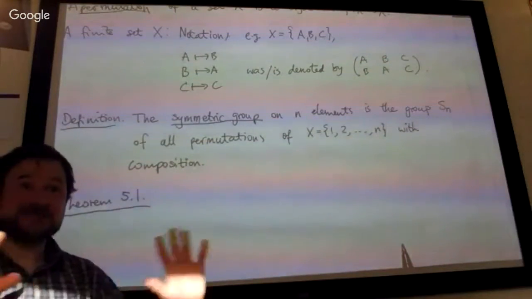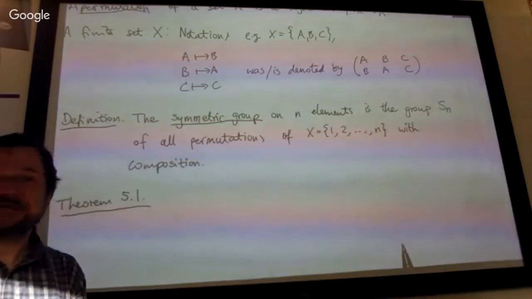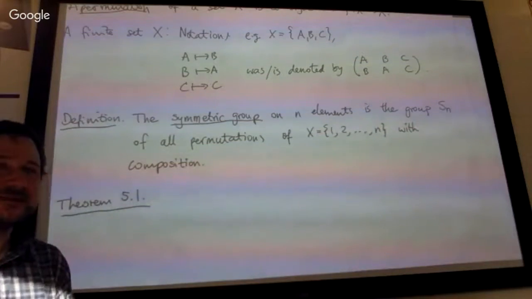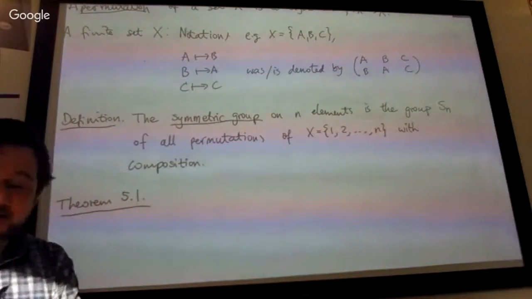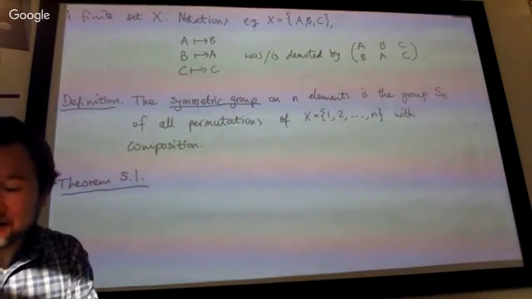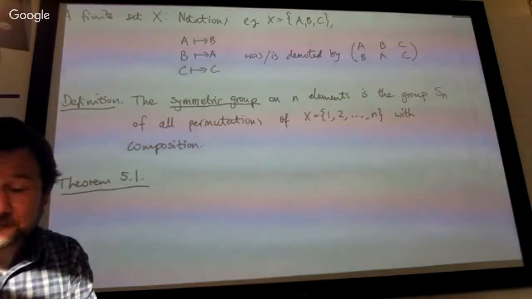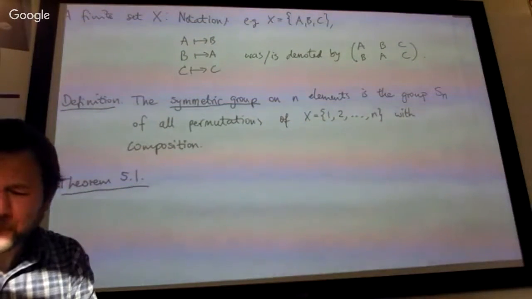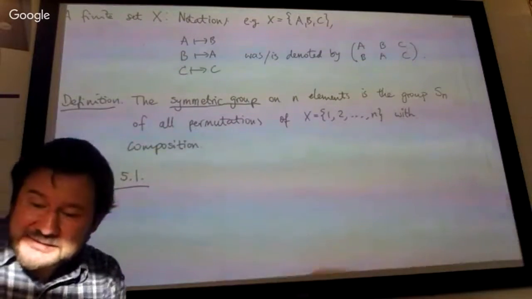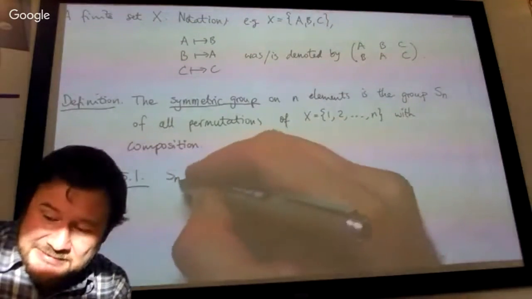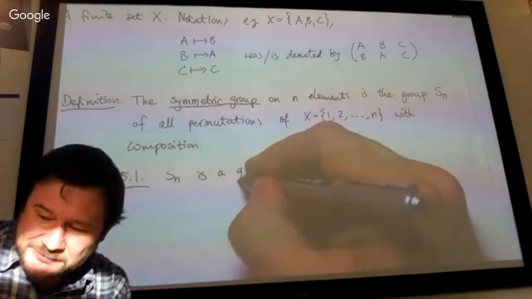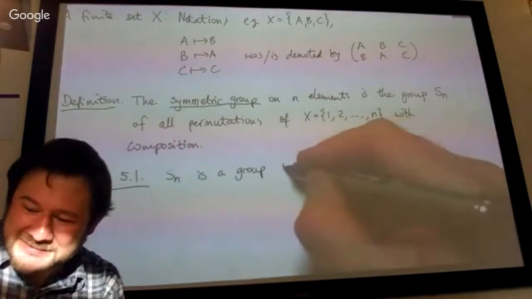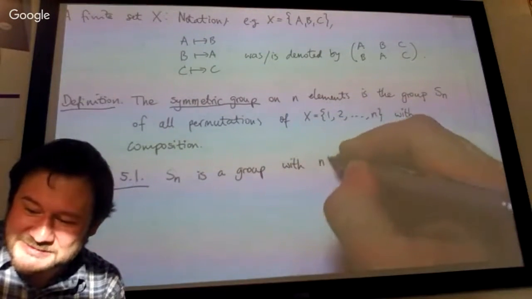Maybe it's not quite clear what's going on, but we'll see in a bit what it is. Right. So Sn is a group with n factorial elements.